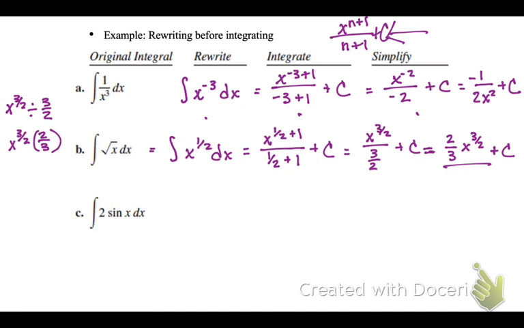okay. Okay. So now we got to rewrite this. And you will have 2 with trig functions today. 2 is a constant, yes? Mm-hmm. So I can bring it out front. So I have 2, the integral of sine of x dx. Okay, and this is where you have to just know, what is sine the derivative of?